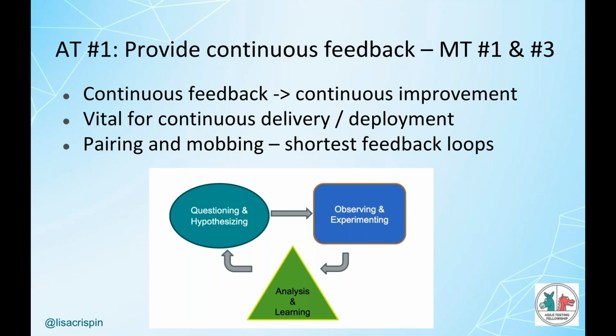So Janet and I have always encouraged practices like pair programming and mob programming. Those are the shortest possible feedback loops because you're right there together, whether you're in a room physically or virtually, as we all are now. And so provide feedback as quickly as you can.